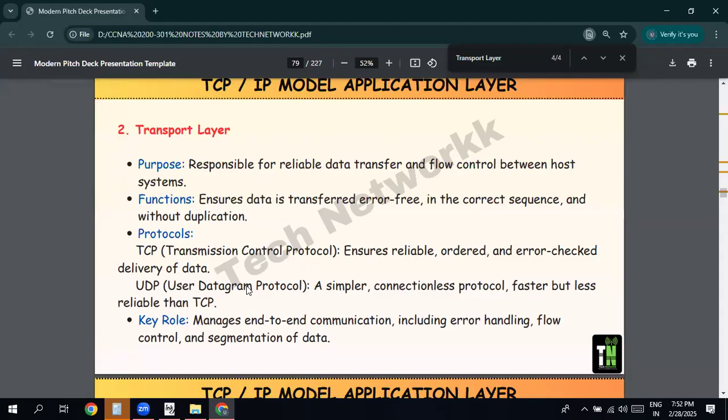Here, the seamless functioning of the internet and network applications happens. To conclude, the transport layer is a very essential part of the TCP/IP model. It will always ensure that your data reaches its destination efficiently and reliably. Whether you are browsing the web, streaming videos, or playing online games, the transport layer is always working behind the scenes to manage the communication.